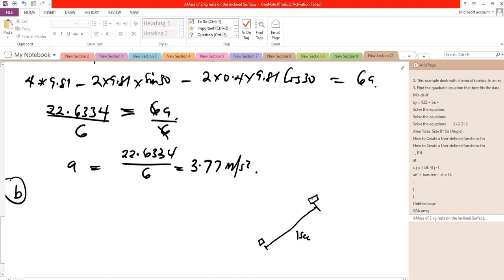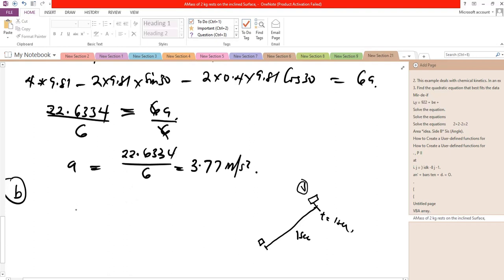At this point we need to get the velocity at the instance where the string is cut, the final velocity at that time t equal to 1 second.